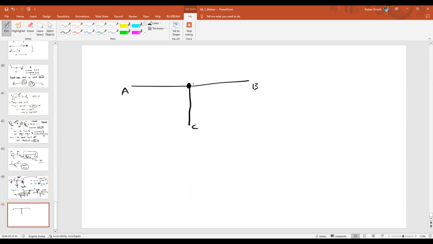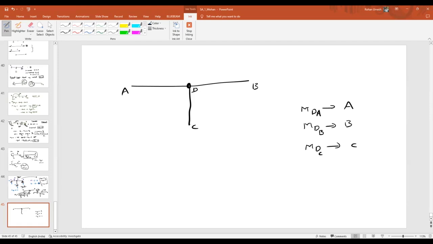B, C, and D. I can find the moment at D from A. I can come from B and find the moment at D. I can come from C, isn't it? I can look at it from one side, from another side, and from the third. Indirectly, I can say this is MDA, this is MDB, this is MDC.